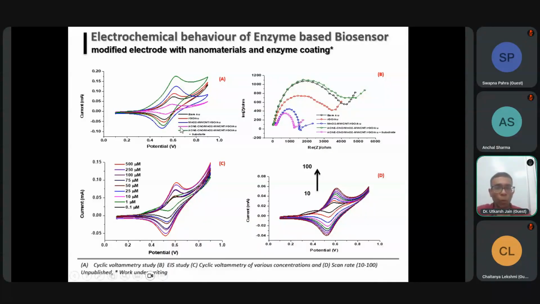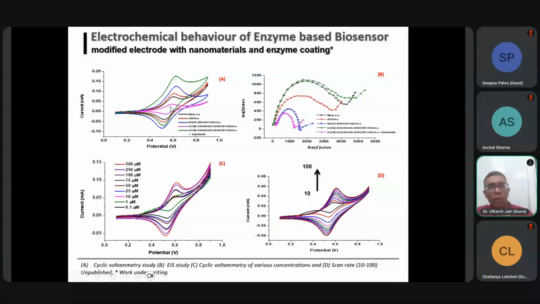Now you coat the acetylcholinesterase and choline oxidase. These are two enzymes which are co-immobilized on the electrode surface uniformly. Once you coat them, you see that the pink signal really dropped significantly, because they are not allowing the current to pass, and they are causing hindrance, so the current is not getting detected because of the biological molecule.